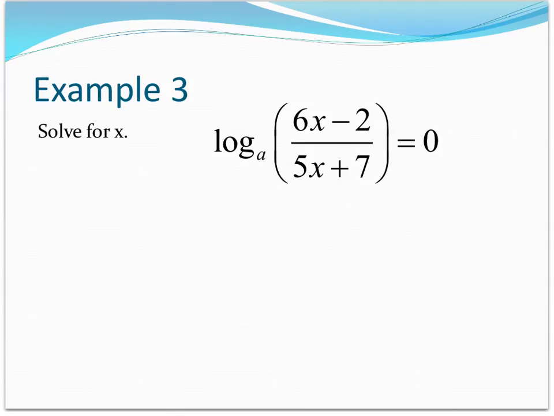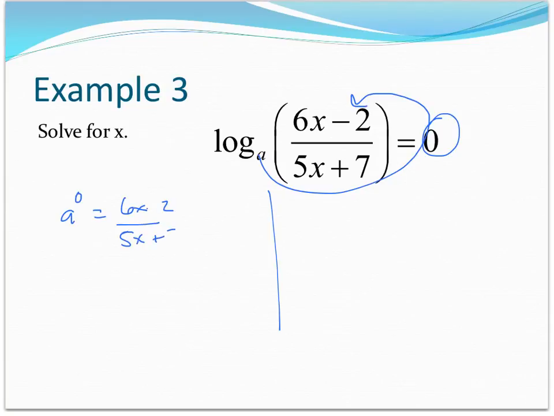Now this one is a little bit different. A couple of things we can do here. It's in log form, but I can convert it to exponential form. It's a different way to do it. So I could look at it as a to the 0 is equal to 6x minus 2 all over 5x plus 7.